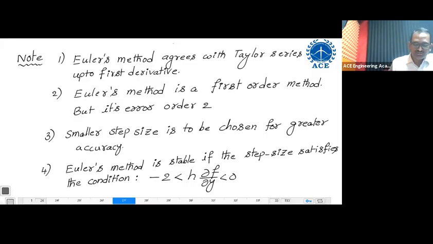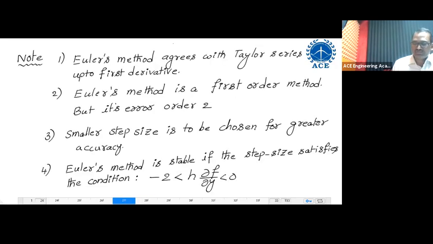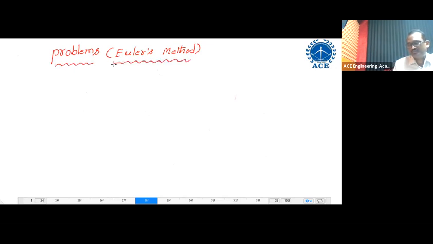Now we do problems. Euler's method is very, very important and expected from an exam point of view. Problem number 1. Note down.